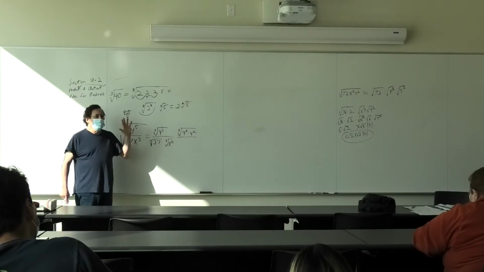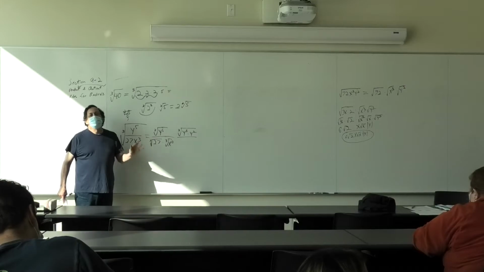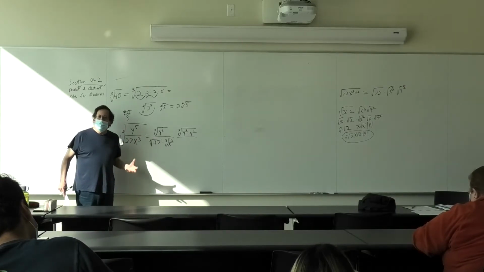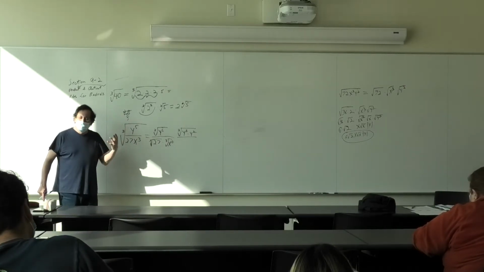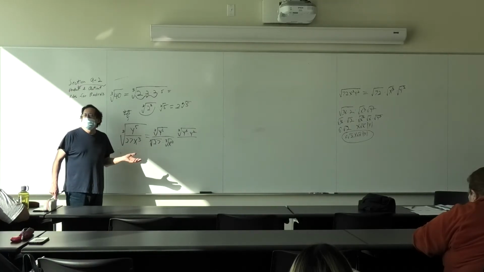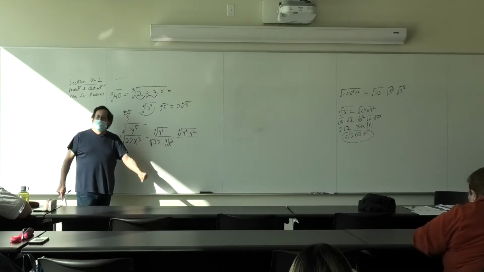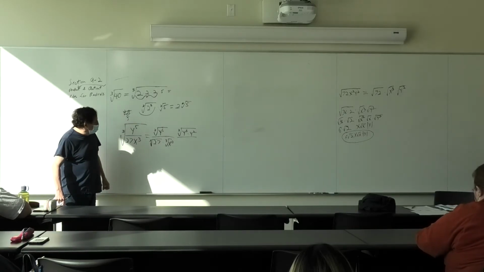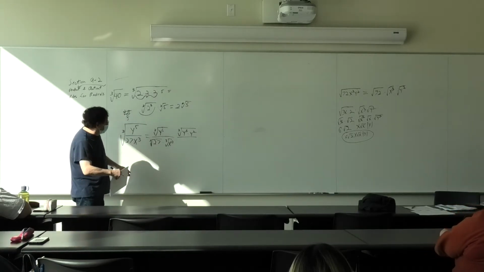Anybody know 5 cubed? 125. These are good numbers to have, just like you know lots of words that other people don't know. Everybody has a little vocabulary, the number vocabulary.